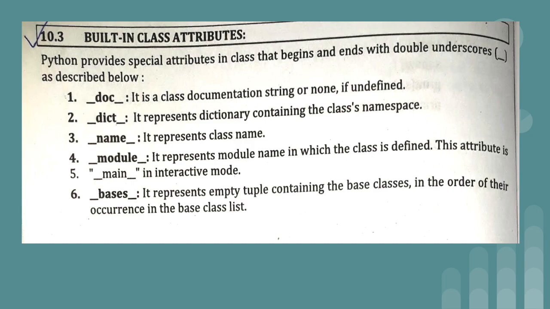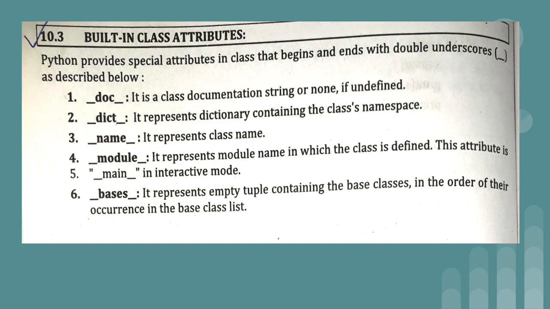Like that we have so many other built-in class attributes, like __doc__, which is the class documentation string, or None if undefined. Then we have __dict__, which is basically used to represent the dictionary containing the class namespace.